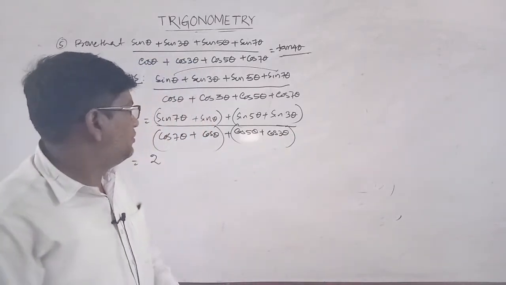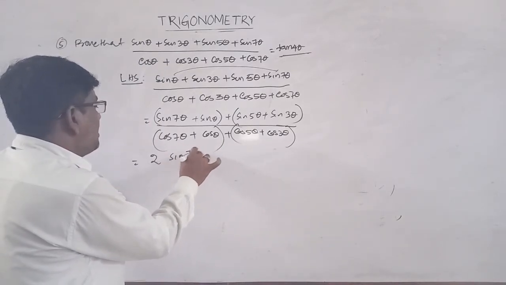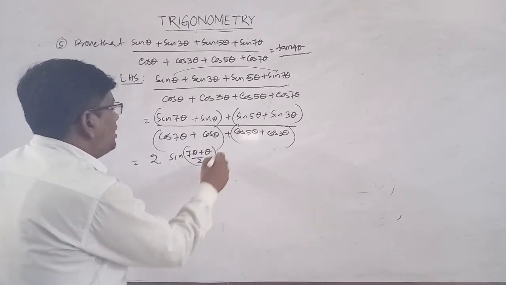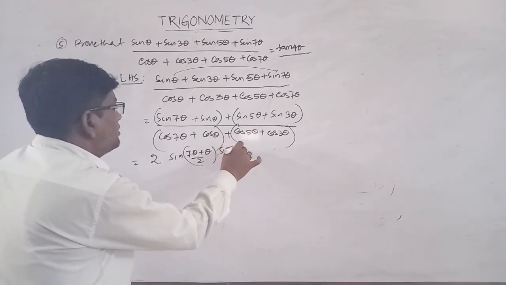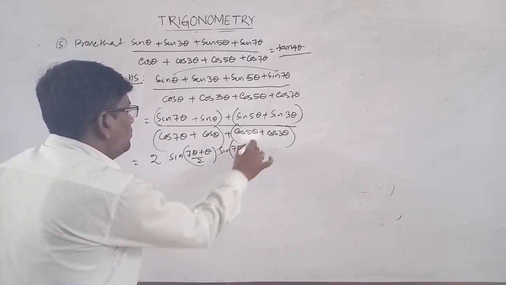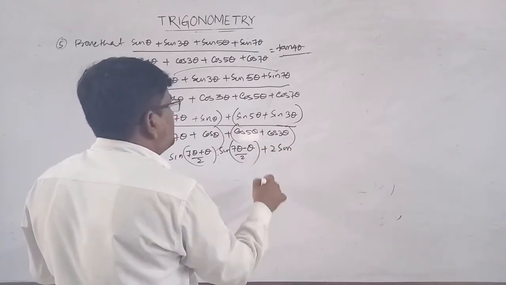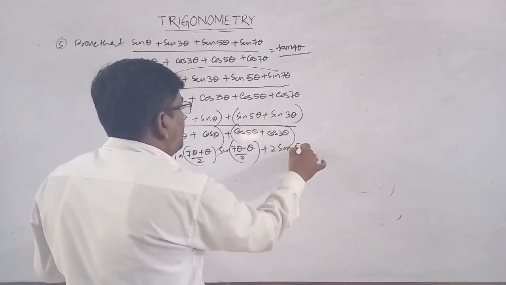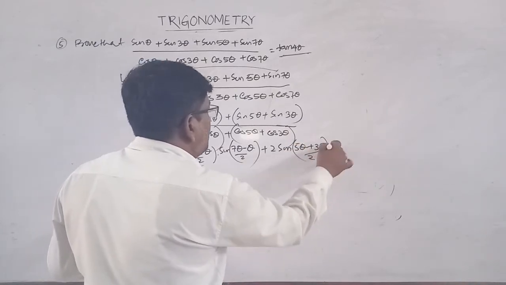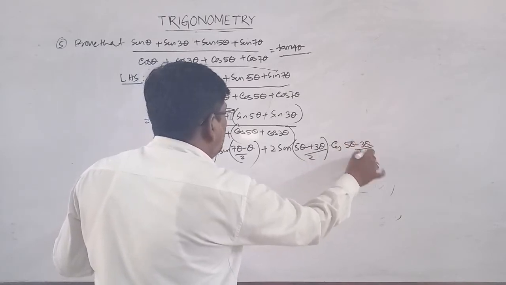Okay. So 2 sin 7 theta plus theta by 2 into cos 7 theta minus theta by 2. Again 2 sin 5 theta plus 3 theta by 2 and cos 5 theta minus 3 theta by 2.